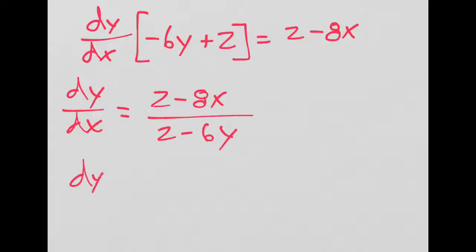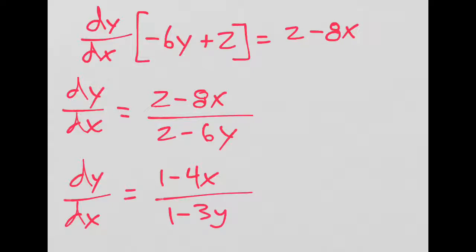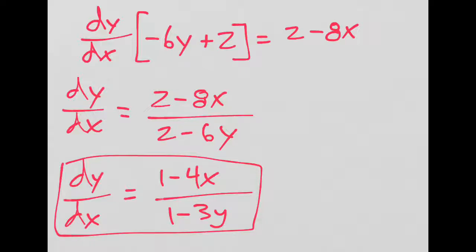So I'm going to say dy/dx equals 1 minus 4x over 1 minus 3y. Hopefully you can see how those two expressions are the same, but that there is my derivative. So the process works exactly the same, except when you have multiple y terms, you will get multiple dy/dx's, and you will then need to factor and then divide out to solve for dy/dx.